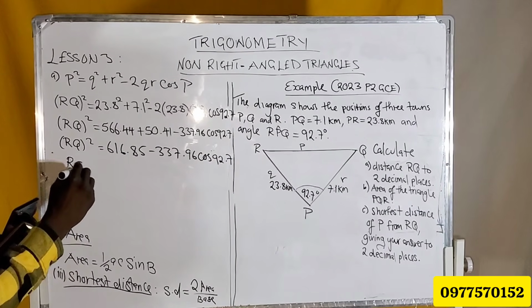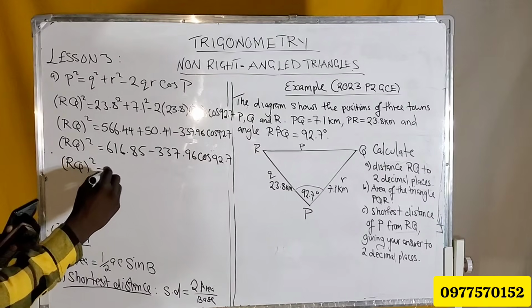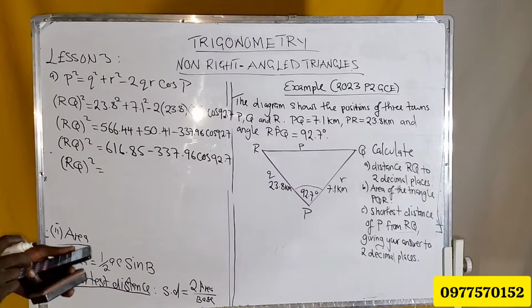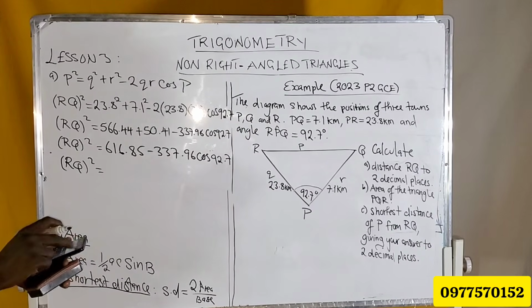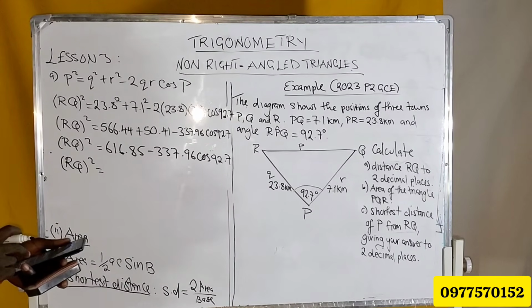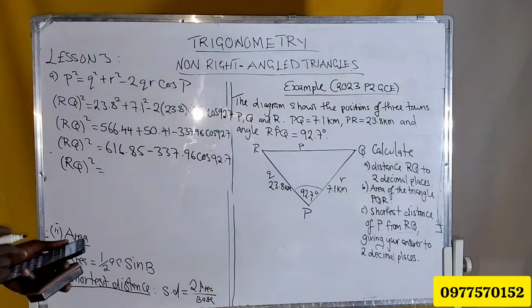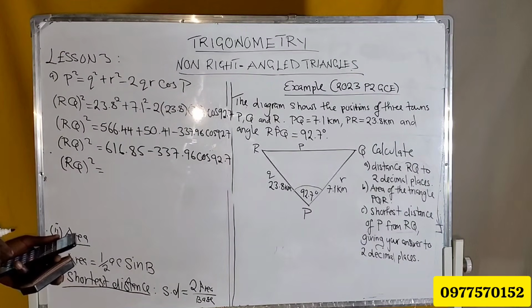So RQ squared is equals to, now here you can punch everything in your calculator. 616.85 minus 337.96 cos 92.7.